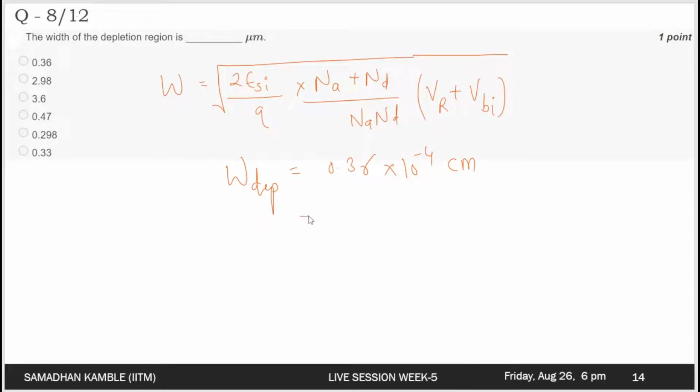So in micrometer it is simply 0.36 micron. So the answer is A here.